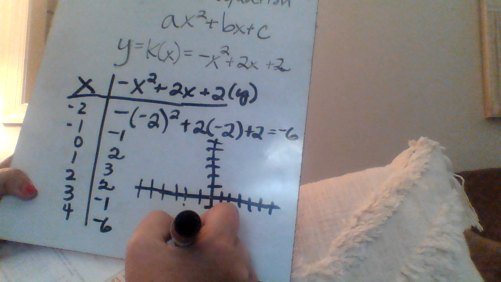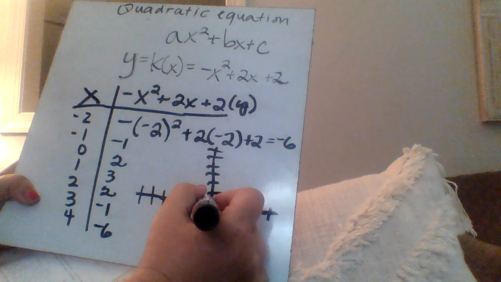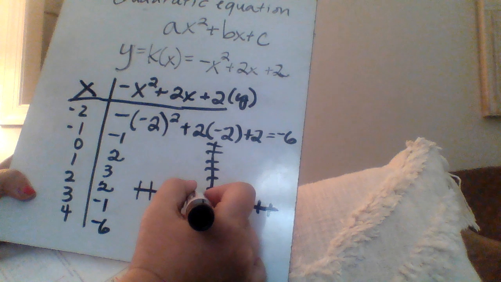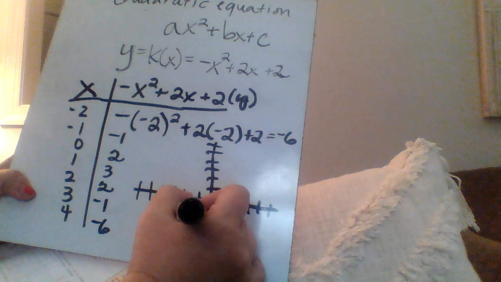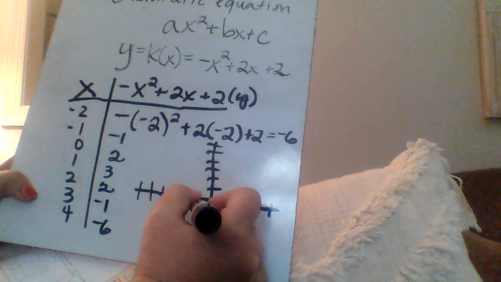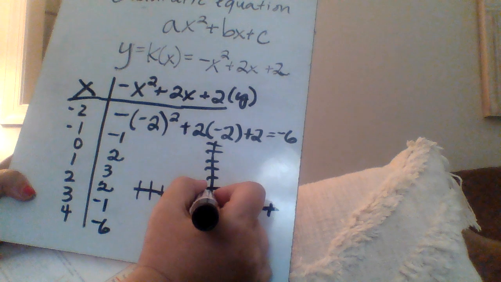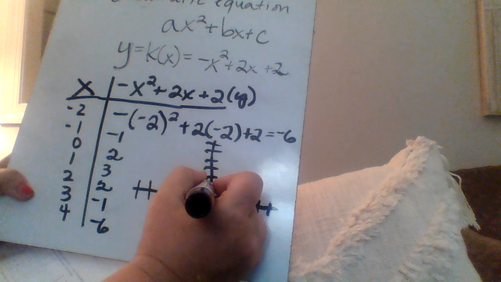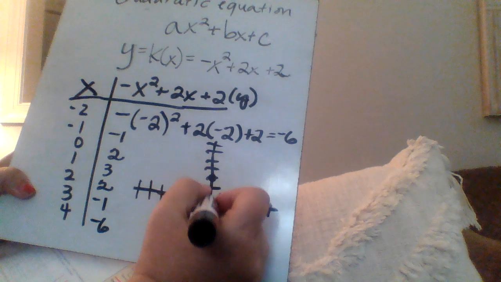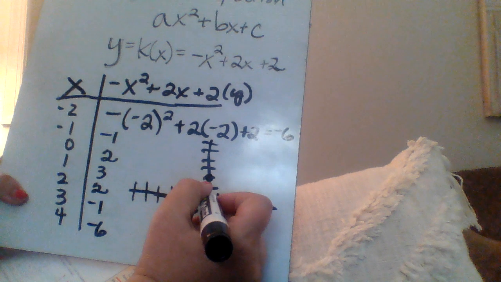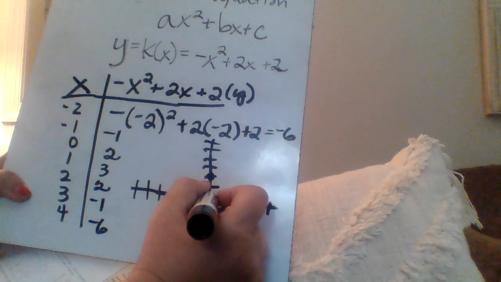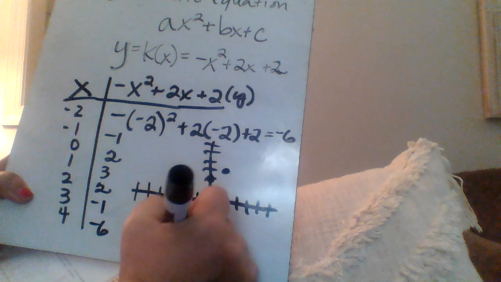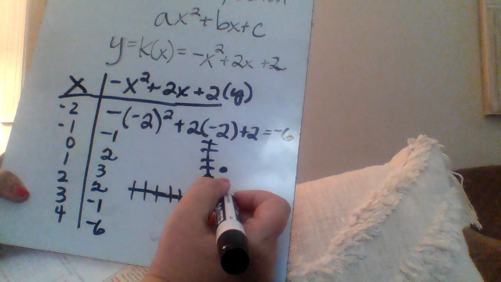It's our first point. Our second point is going to be -1 and -1. So here. Then we're going to have 0 and 2, so up 2 right there. It's going to be our next point. Then we're going to have 1 and 3. Go over 1, up 3. You can see our parabola is already starting to take shape.